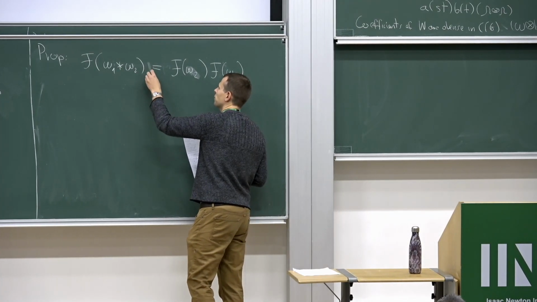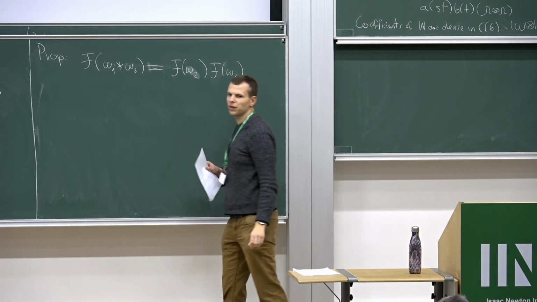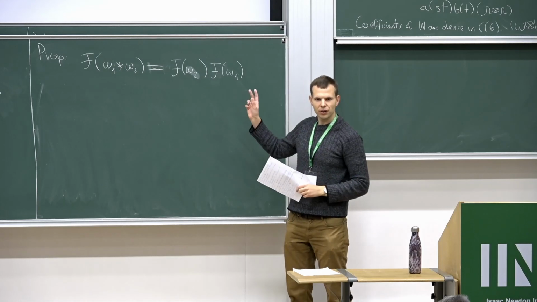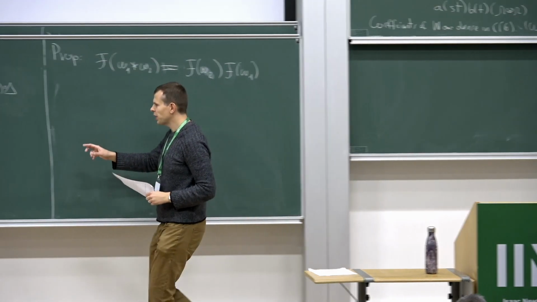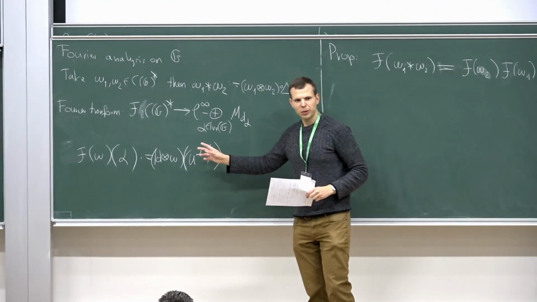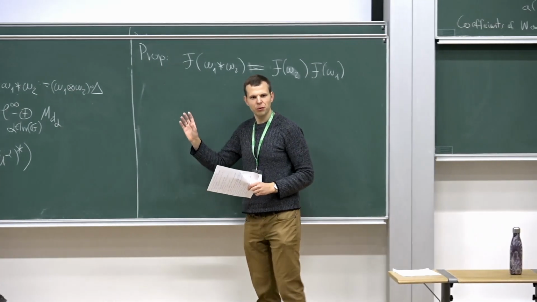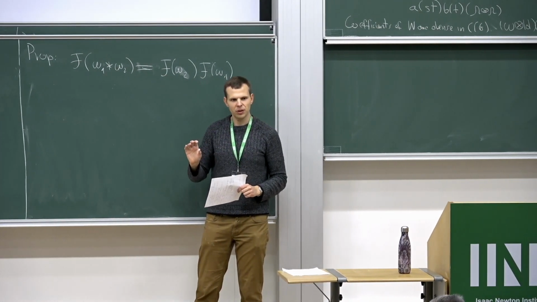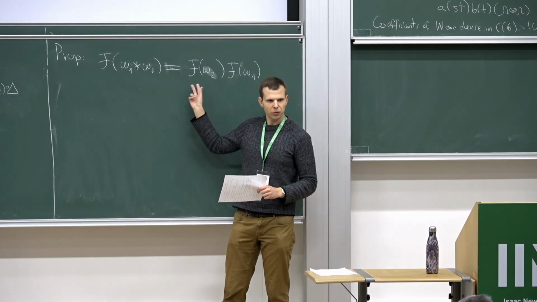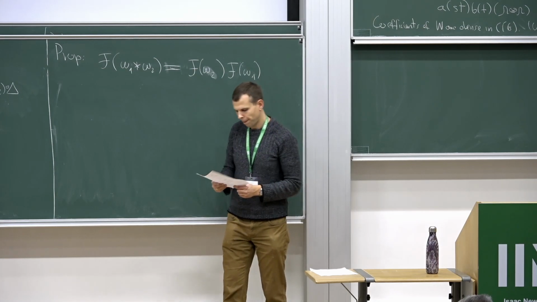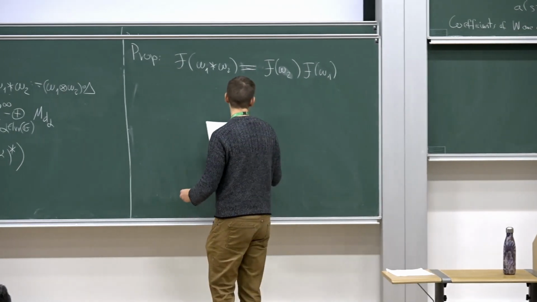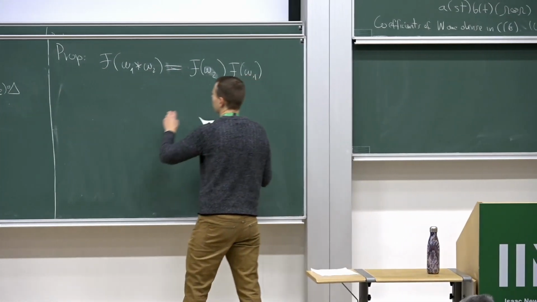This is not by definition, this is just the statement. It reverses the order because we have this star here. But it's not a quantum thing. If you do Fourier analysis on classical compact groups, it's the same formula. It also reverses the order. So maybe this is the one computation that we can do.